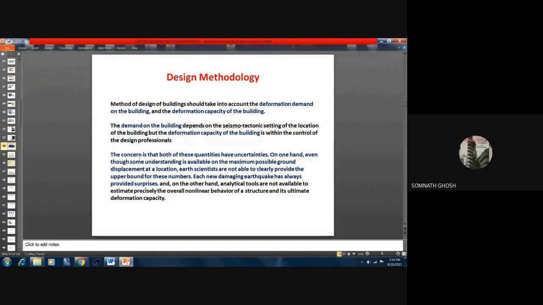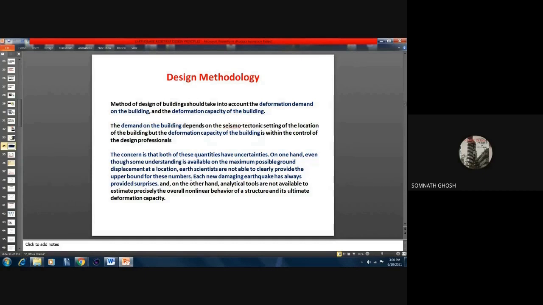The concern is that both these quantities have uncertainties. Yes, they are dependent on time. You are not sure what is happening. On one hand, even though some understanding is available on maximum possible ground displacement at a location, earth scientists are not able to clearly provide the upper bound of these numbers.